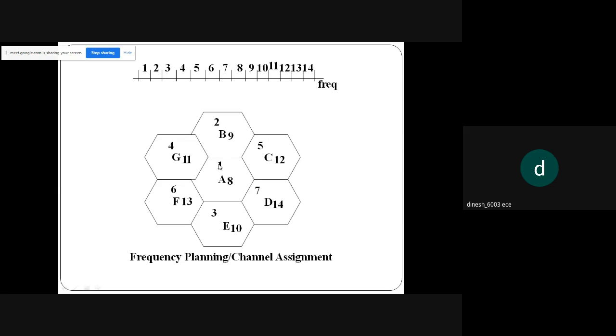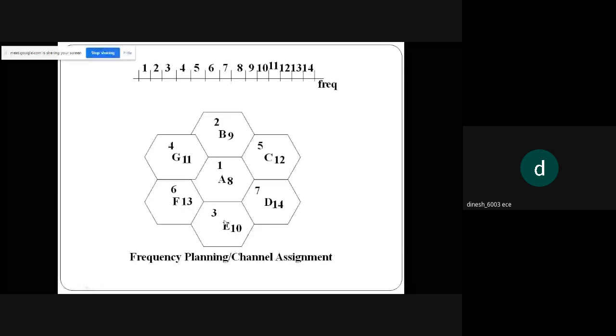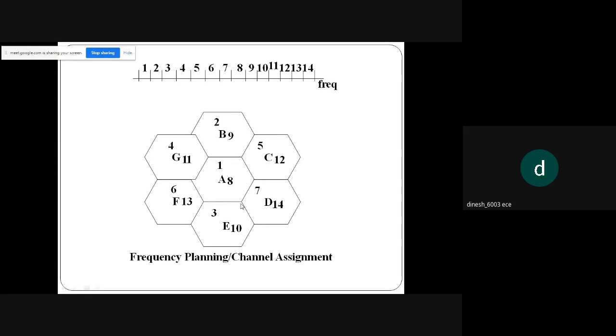So here 1 and 4 are separated by 11, 6 and 3 by 13, 6 and 1 by 13, 8 and 10 by 3. Whereas 1 and 10 are separated by two different frequencies, 8 and 3. Whereas 10 and 11 are separated by 8, 3. Sorry, 1, 8, 3. So this is what frequency planning is to avoid adjacent channel interference.